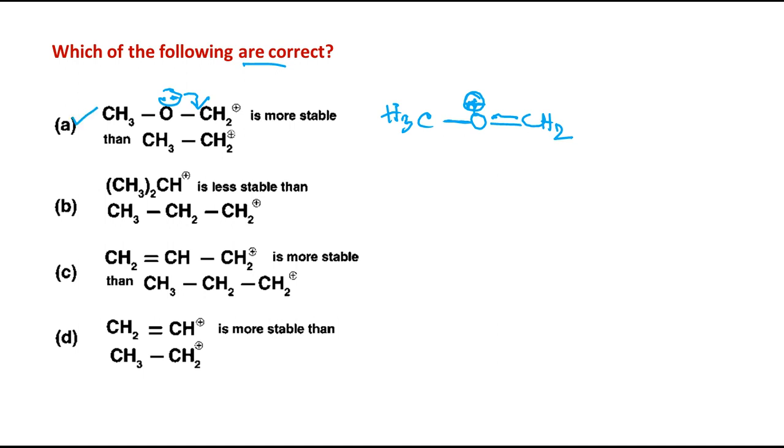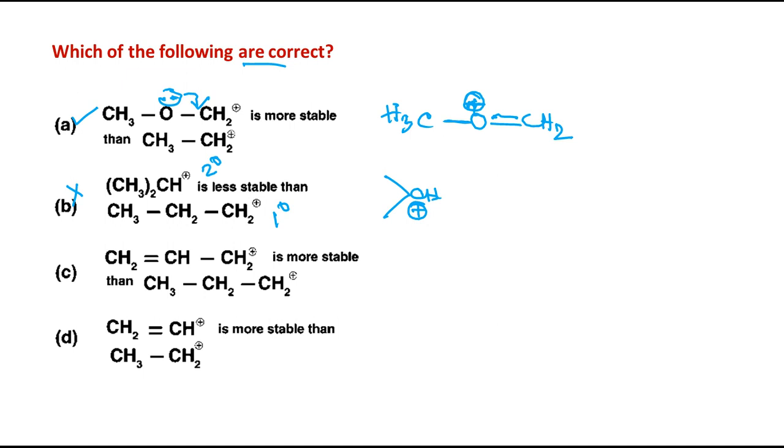What about the second one? The second one is basically a 2-degree carbocation, with 2 methyl groups attached to CH. So it is 2 degree, but this one is 1 degree. So obviously the first moiety will be more stable, but here it is written less stable. So this is not correct. Third one, the allyl group.